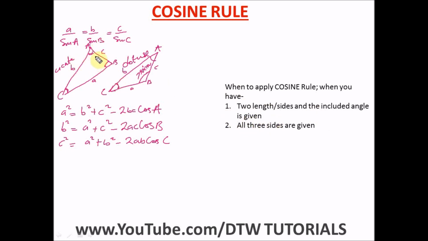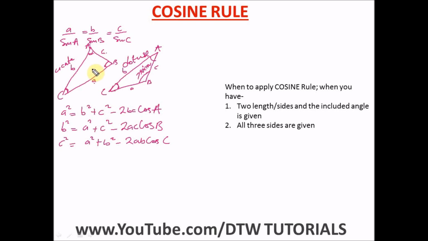So let's say you have a triangle where you have this side, and you must also have an angle opposite to one of the sides you're given. You're given C, you're given A, and you're also given this angle capital A. You can apply your cosine rule.